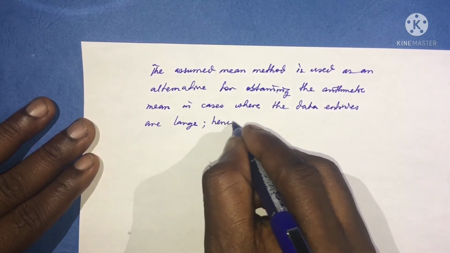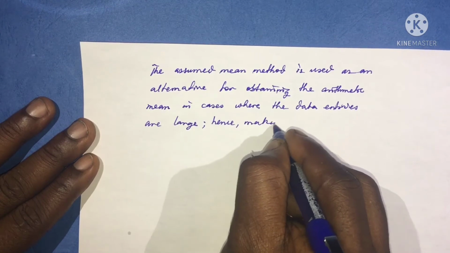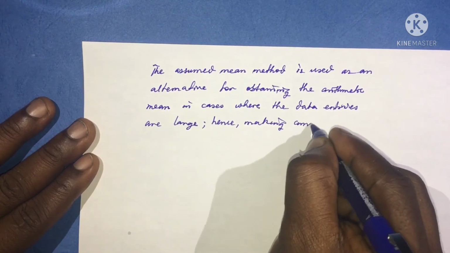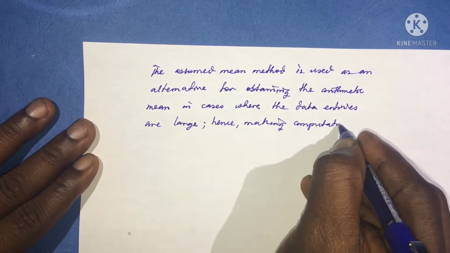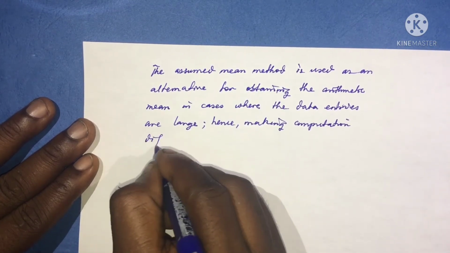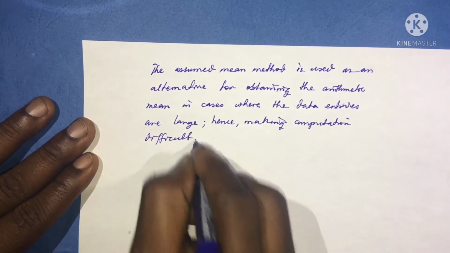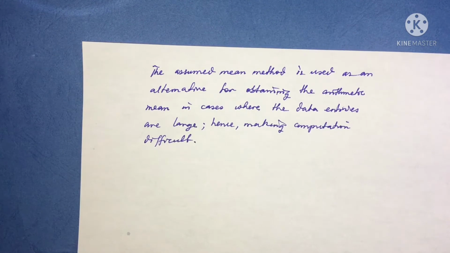Okay, hence making computation difficult. So when the data entries are large and make your computational process for obtaining the arithmetic mean difficult or complex, you can define for yourself an assumed mean.